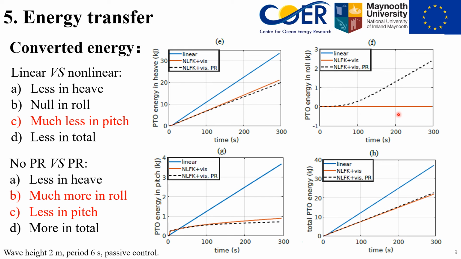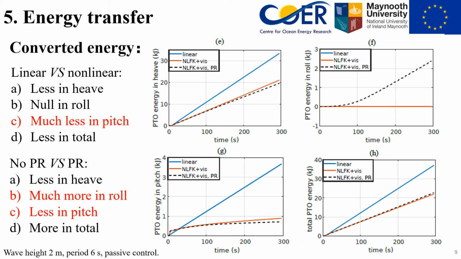However, there is no energy converted from the roll motion if the parametric resonance is not onset. When parametric resonance occurs, the converted power is slightly less in heave and pitch. However, it is much more and positive in roll, which makes the total converted power slightly bigger.